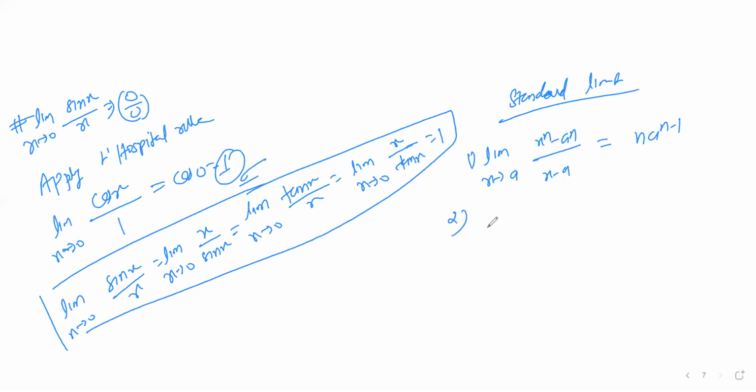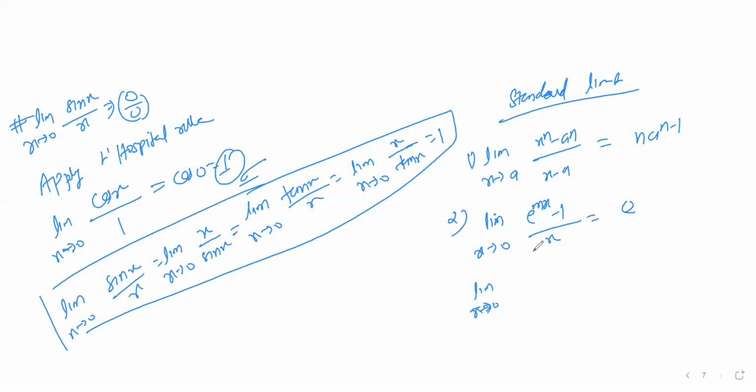Second one, limit x tends to 0 e raised to mx minus 1 divided by x. If you apply L'Hospital rule, because if you substitute the limit you will get 0 by 0 form, differentiate the numerator.